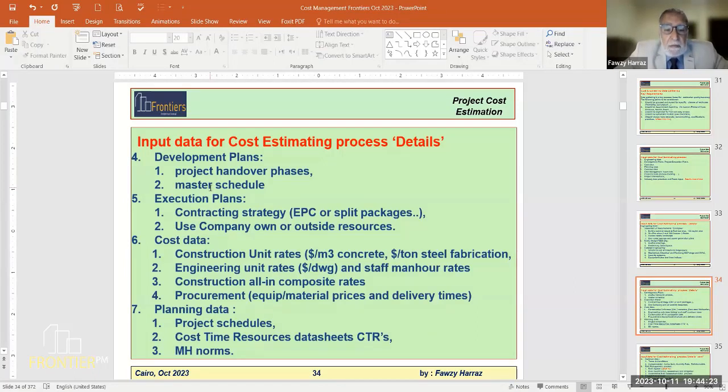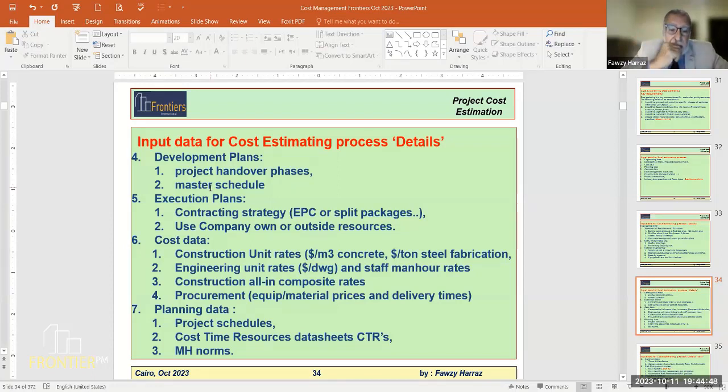Cost data, unit rates, dollars per meter cube concrete, dollars per ton steel, and so on. Engineering unit rates, dollars per drawing, staff man hours, I mean the civil engineer costs X dollars per man hour. Construction, all in composite rate.